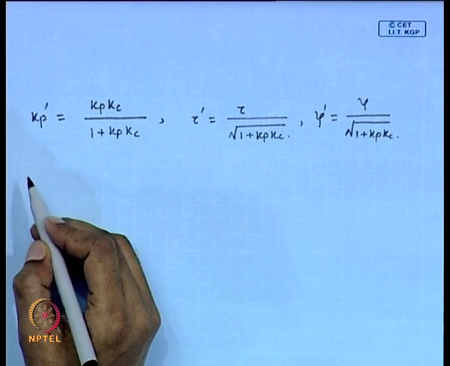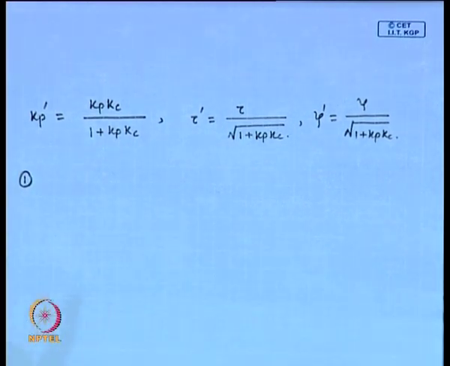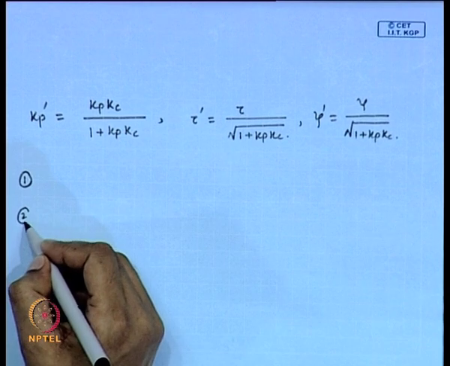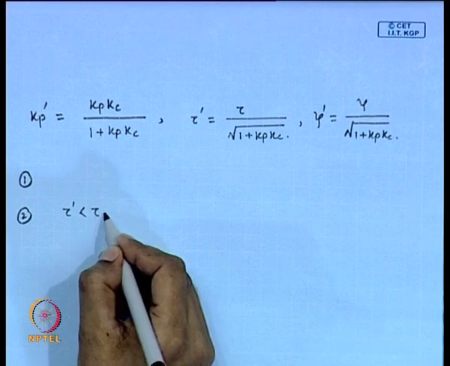So, first observation is that due to the inclusion of P only controller with the second order process, there is no change of order in the overall system. Another observation we can note is that tau prime is less than tau.